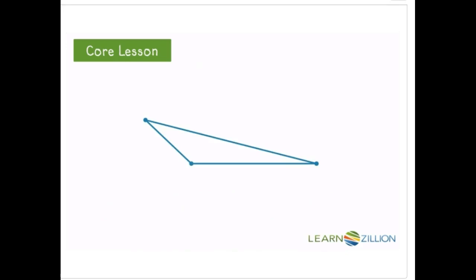Let's take a look at this triangle. So we can look at this triangle and see that triangle CAR has three angles. Now using our benchmark angle, the right angle, we will see that this is a triangle with an acute angle, which is less than 90 degrees.